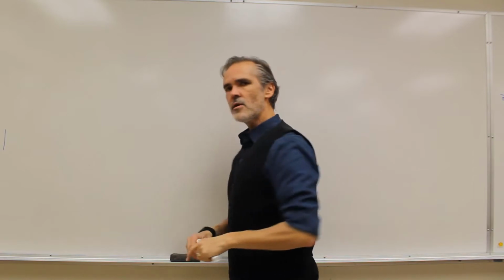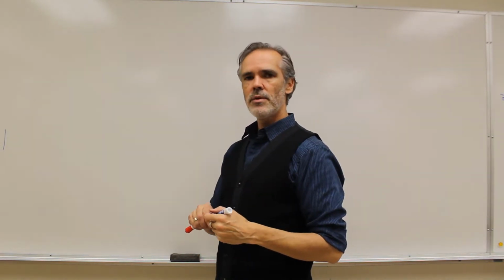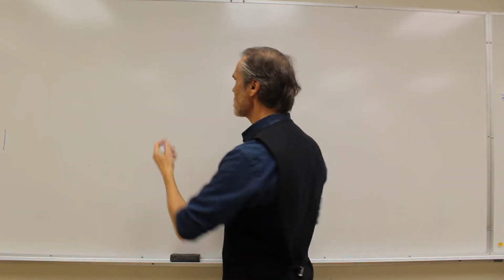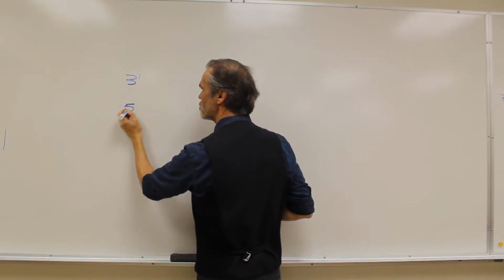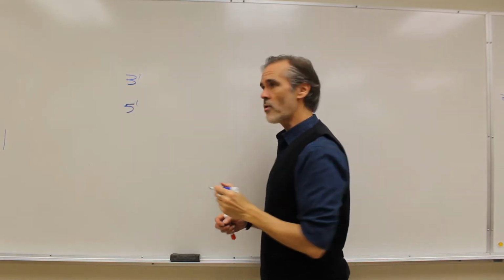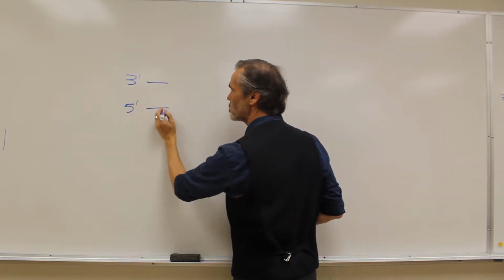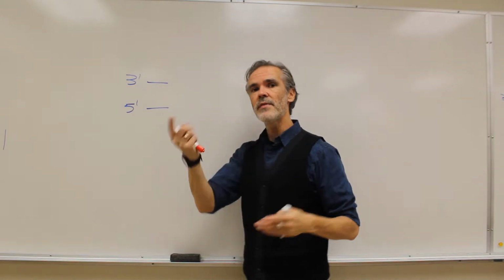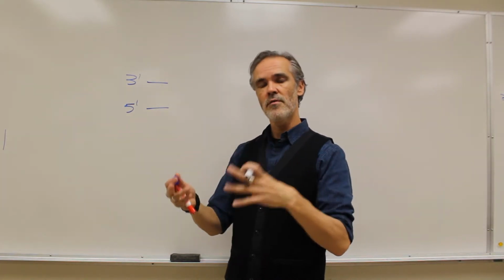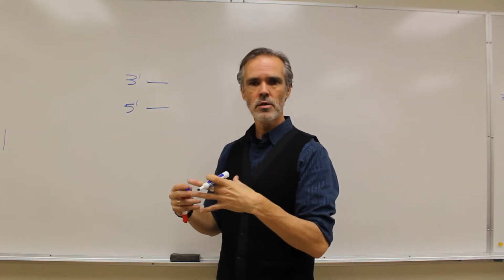Now, let's go back to the basics of what the DNA molecule is and what it looks like. We know that we have a certain direction, 5', 3', right? We have our DNA in one direction, and then antiparallel, so in the other direction. Remember that this 3', 5' relates to the structure of the molecule.